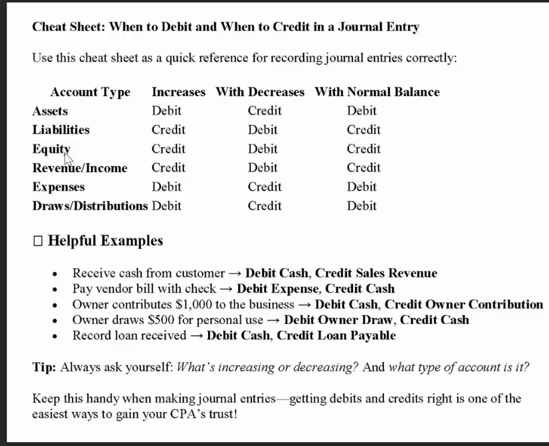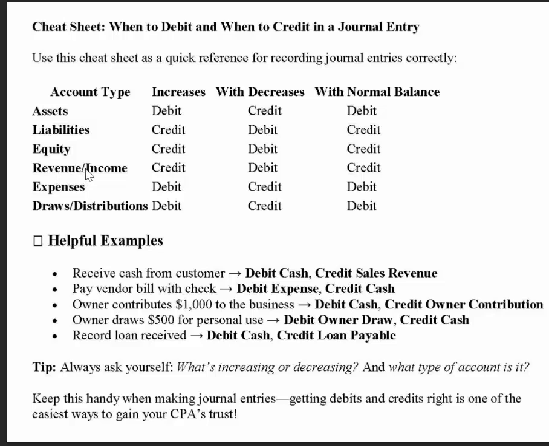Your equity, like your owner's draws and retained earnings, if it increases, it's a credit. If it decreases, it's a debit, and its normal balance is a credit.